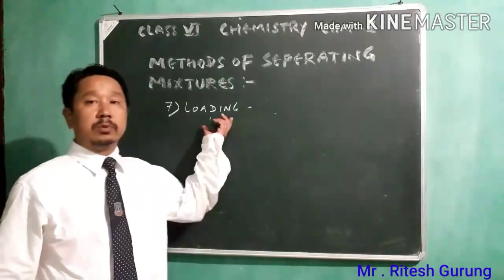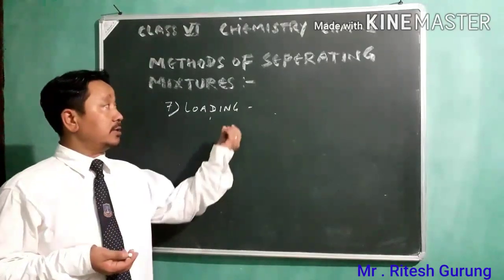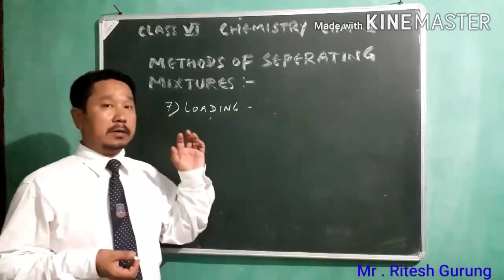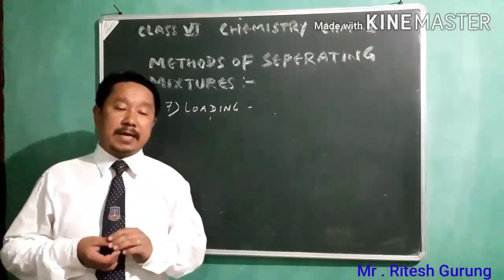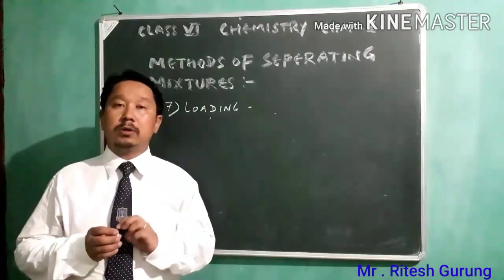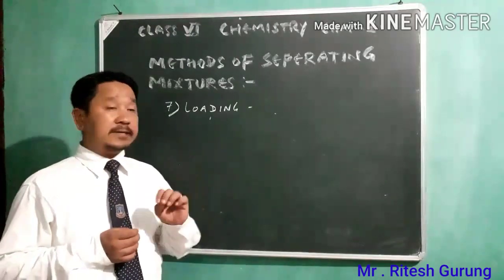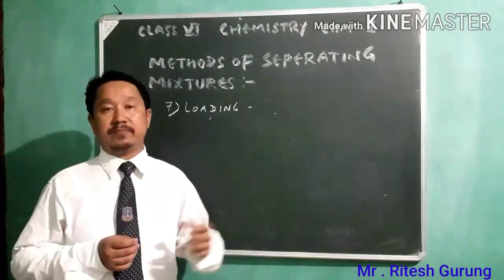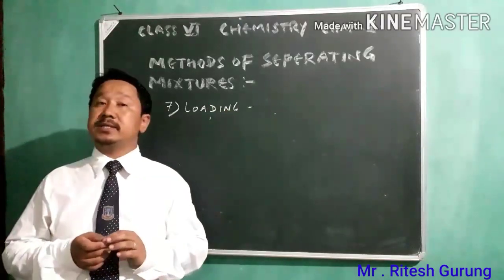Now next we have loading. So loading is something like your sedimentation and decantation itself. But here, suppose especially the water from river, pond or lake contains fine particles, fine sand particles or some other particles which cannot be separated by the method called sedimentation and decantation.